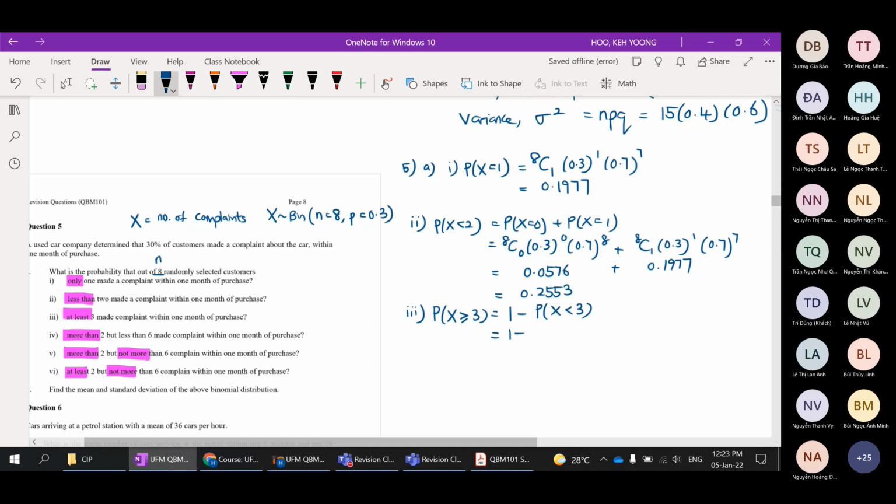So I'll take 1 minus 0, 1, and 2. You write down the substitutions into the formulas, then I'll straight away give you the final answer for the probability.